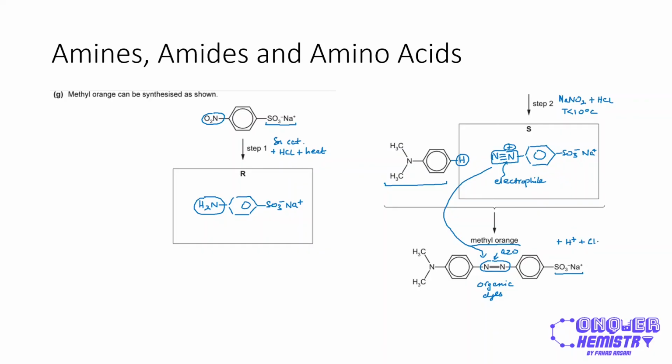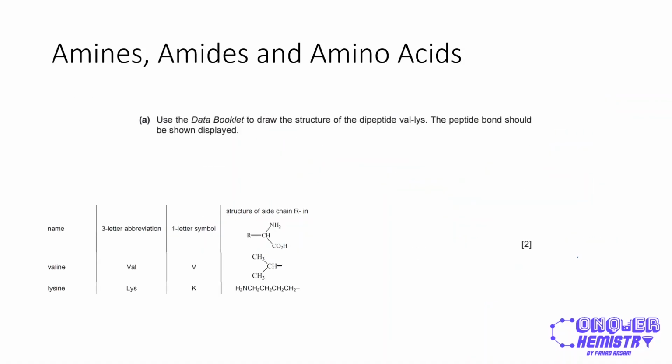So that chloride is going to bond with the hydrogen ion, and that's going to be HCl as your byproduct. So that's how you make an azo organic dye from this nitrobenzene or nitrobenzene derivative. So now on to amino acids.